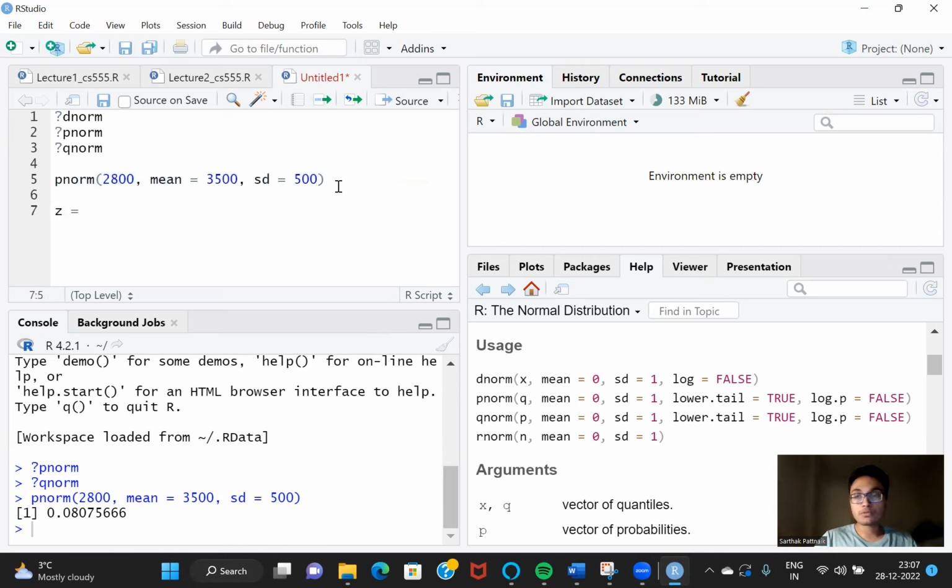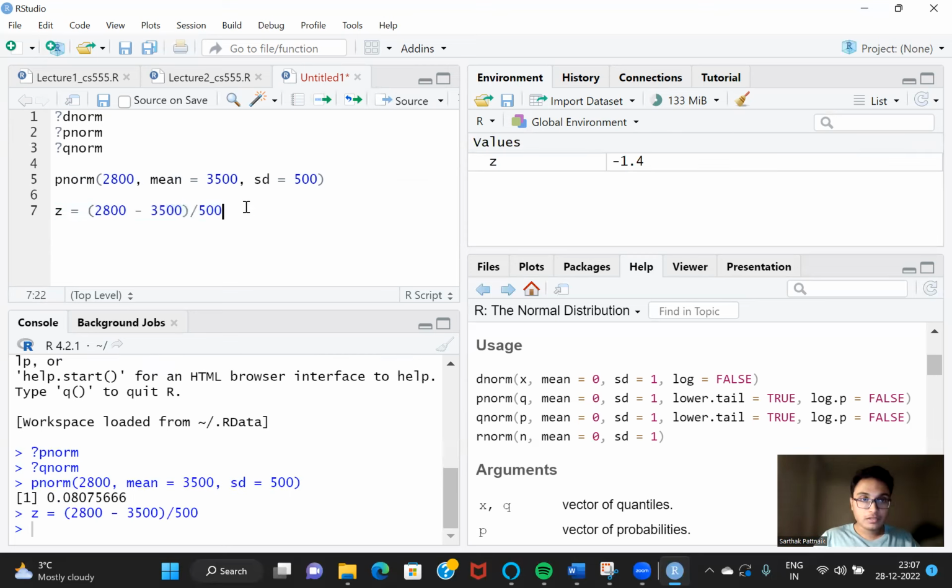For the standard normal distribution, we just need to calculate the corresponding transformed Z value of 2800, which is 2800 minus 3500, divided by 500. Again, we get minus 1.4.